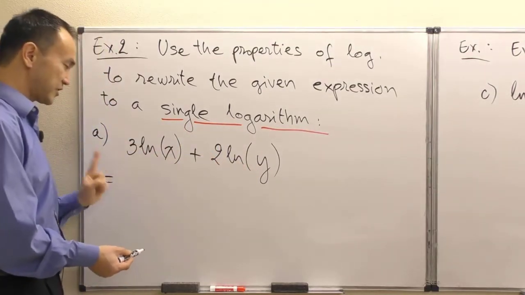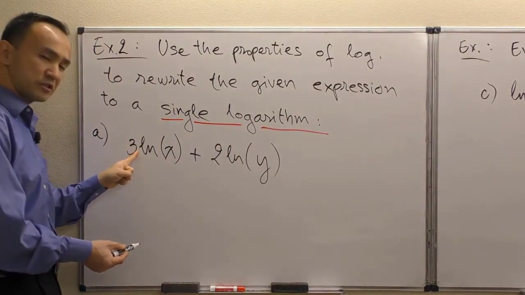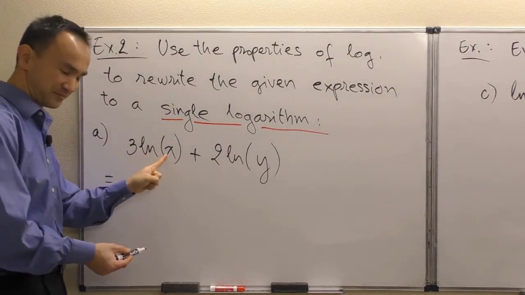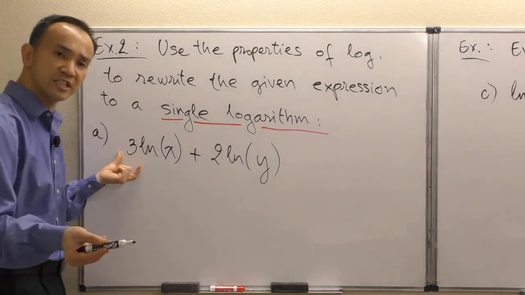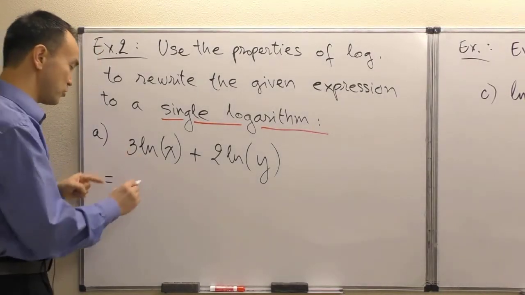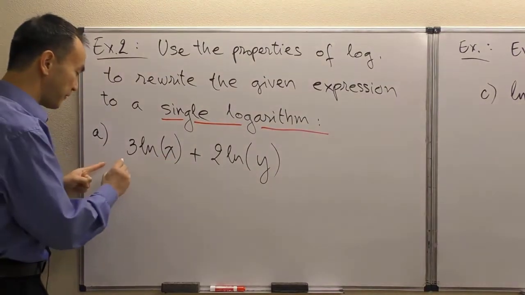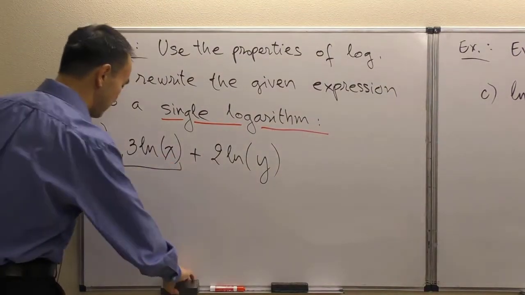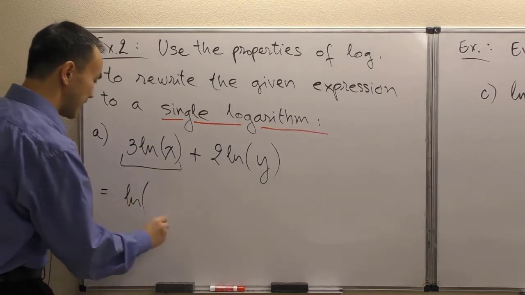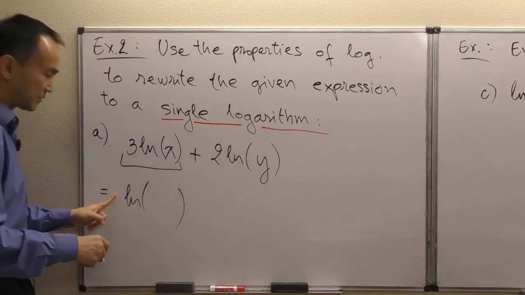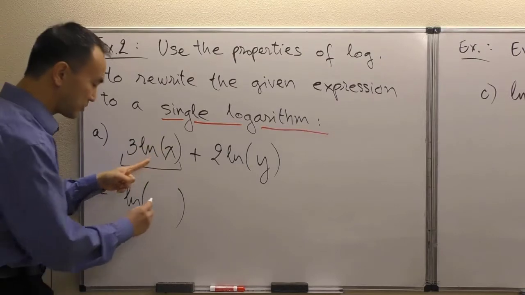So the first term here has a 3 times a natural log. So here I'm going to apply immediately that property number 6 that we have learned earlier. The first term here becomes natural log, but now the 3 is being brought back inside the log to become the power.